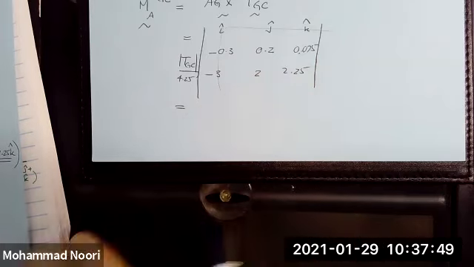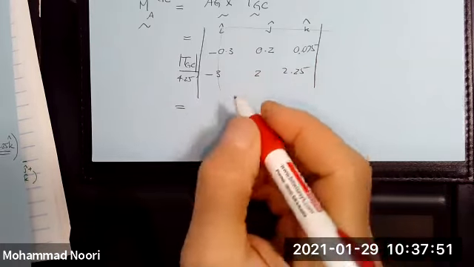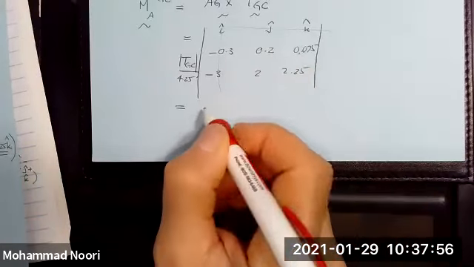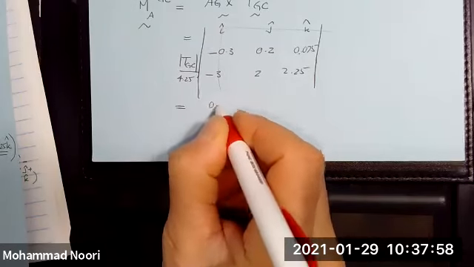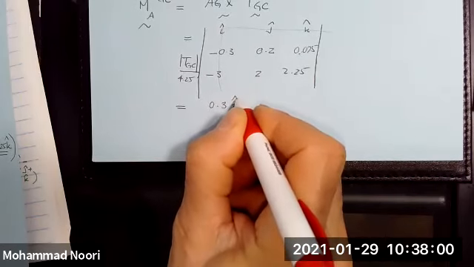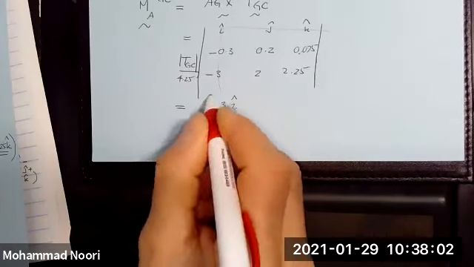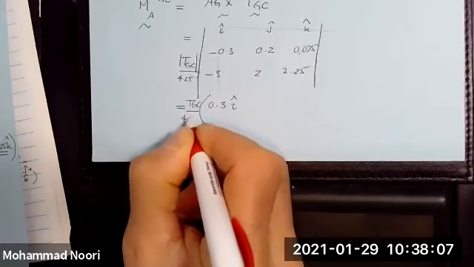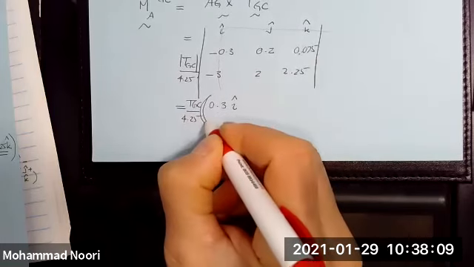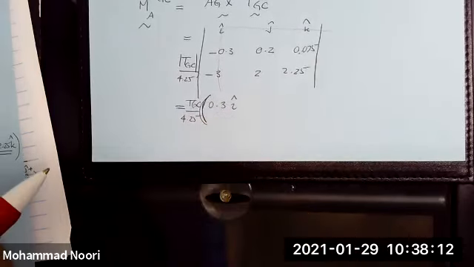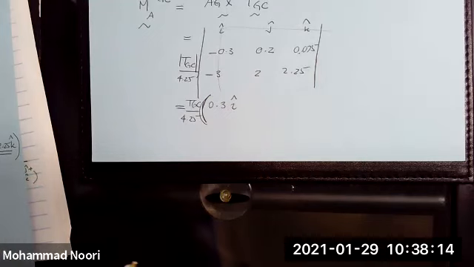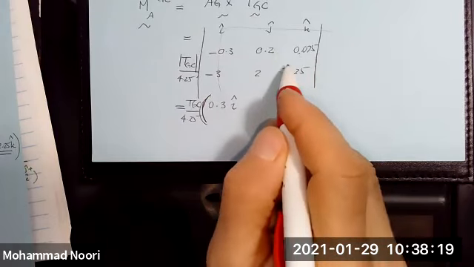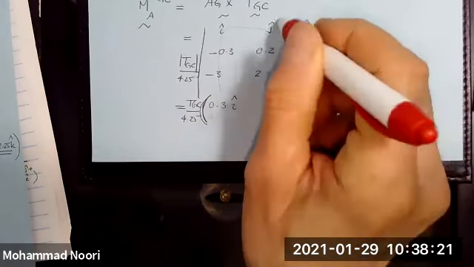That comes out to be actually 0.3 I, and of course everything times T_GC divided by 4.25. So this is, let me double check. 0.4, yeah, okay.